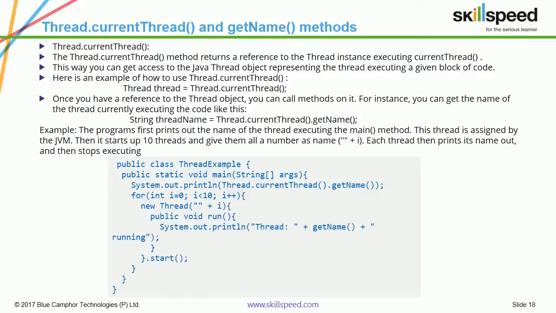After that we close the for loop, which means we are creating 10 different threads and calling each of them to start. In the run method, we get the name of each thread and print it.